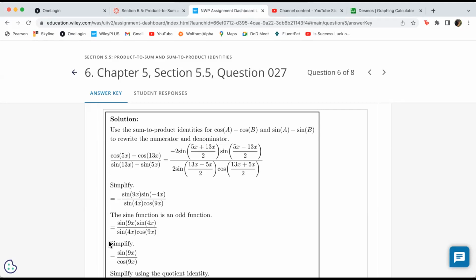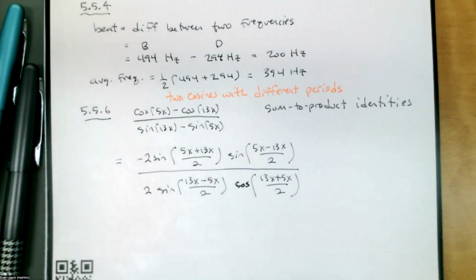So notice what we're finding here. You may notice that I just wrote down what was written down.